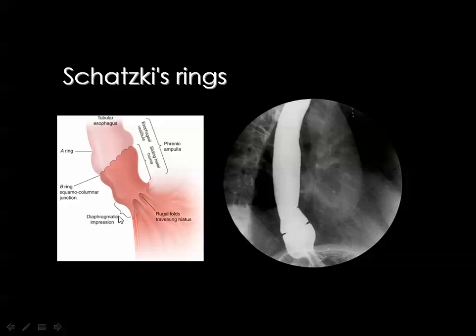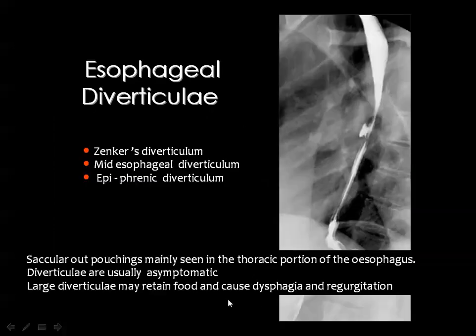In some books you may read about an A ring and a B ring. The B ring is the true Schatzki ring, but the A ring is just, let us say, some constriction above the original ring, as you can see in this particular case.